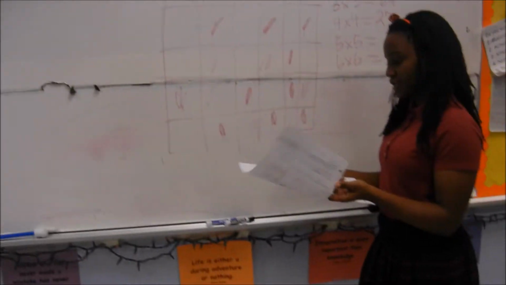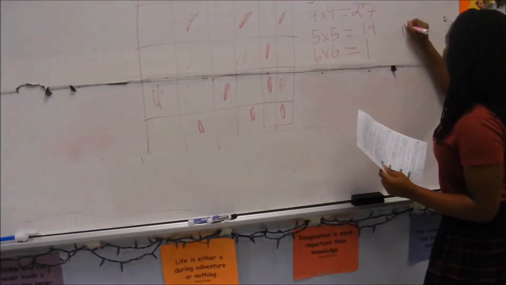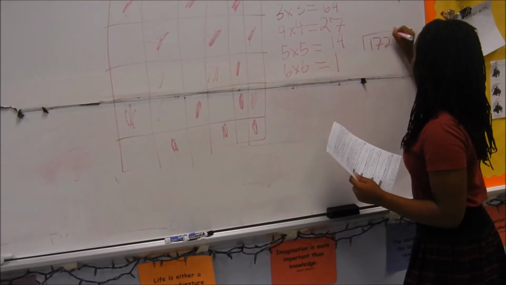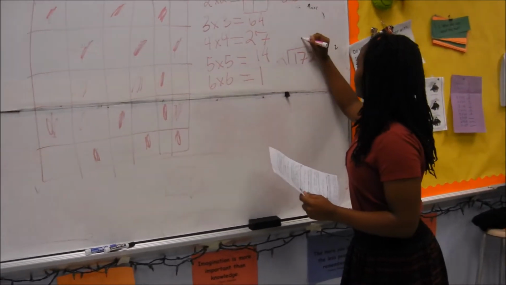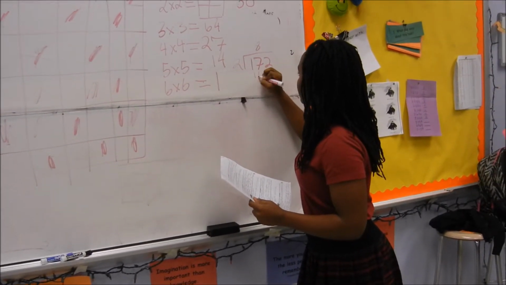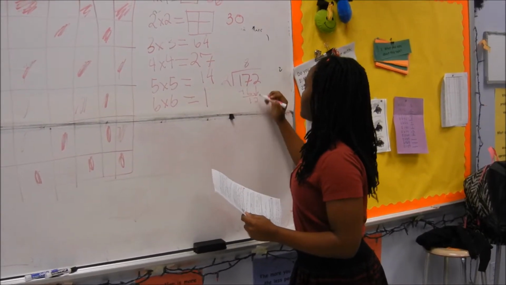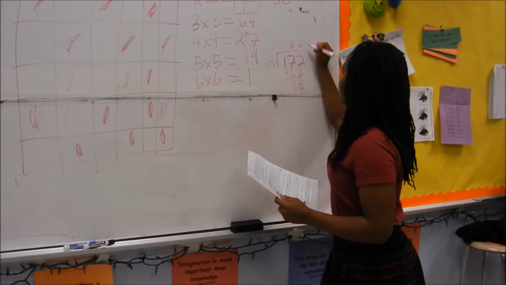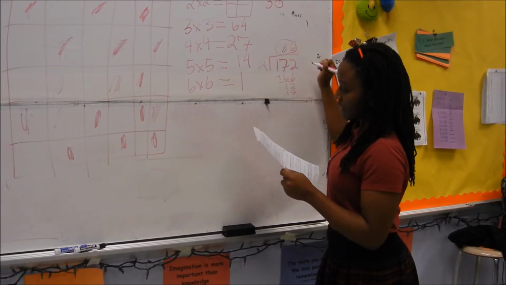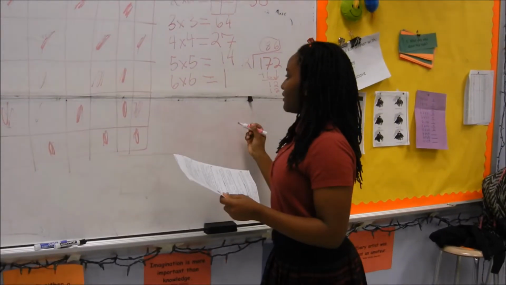So by just dividing 172 by 2, you would get 8, 16, 1, carry down the 2, 2 goes into 12, 6 times, and you get 86 total gray squares for a 6 by 6 figure.